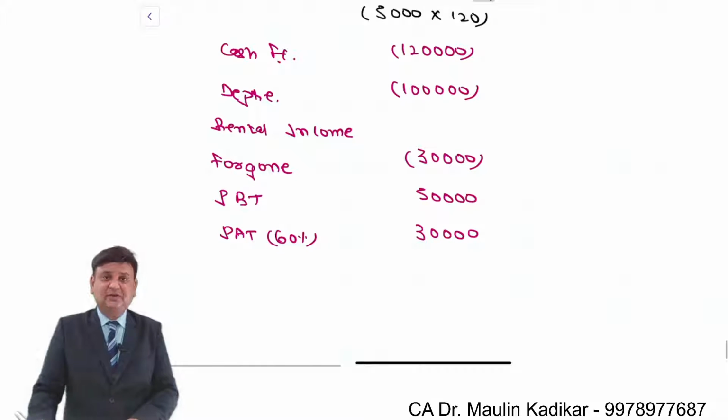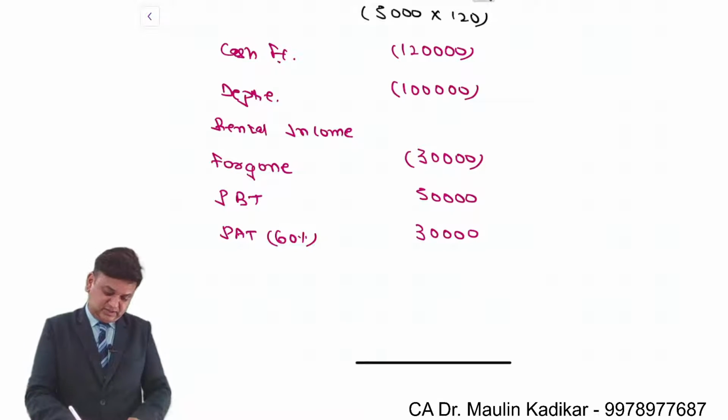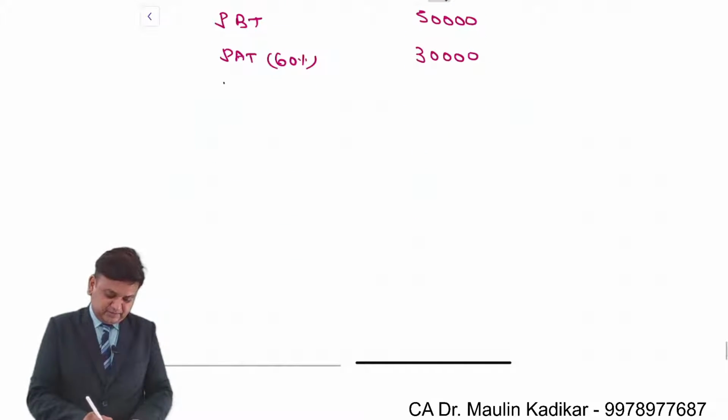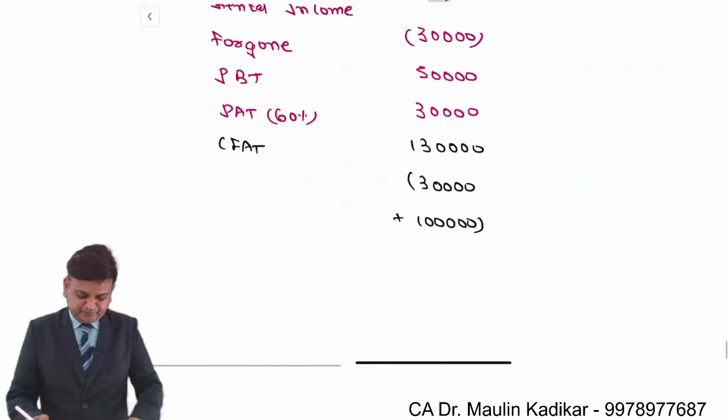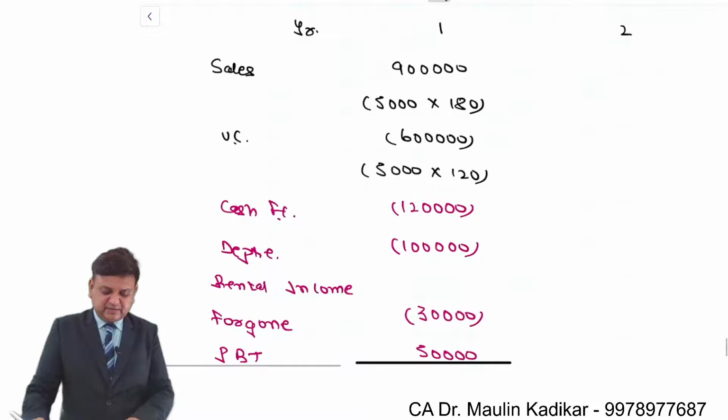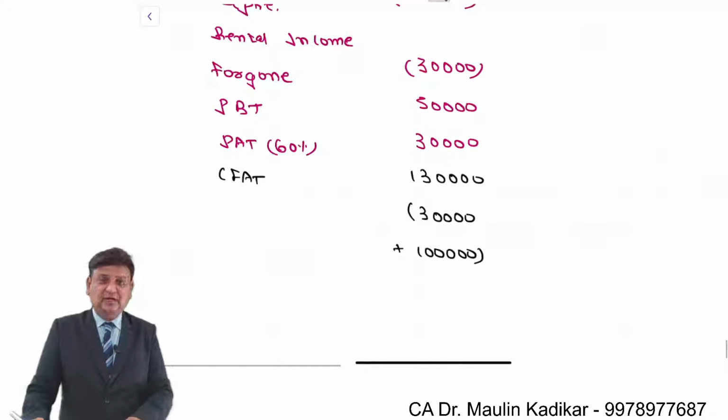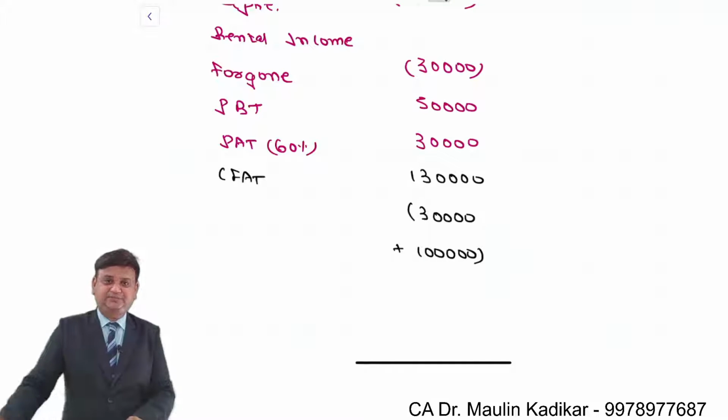Add back depreciation. Why? Because it is a non-cash item. So we get CFAT 1,30,000, that is 30,000 plus 1 lakh. So this is the way you can make the computation of the CFAT for the first year.